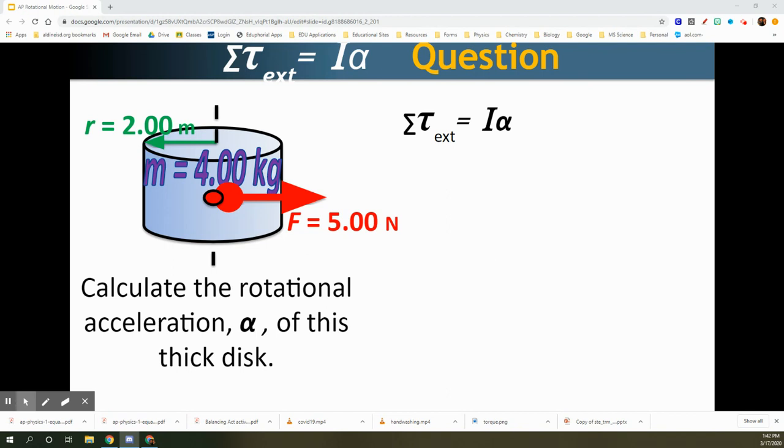Yeah, 1.25 is right, but I need the units. Gabriel, we're not solving for tension, we're solving for angular acceleration, or rotational acceleration. You're not slow. Good job, Victoria, that's correct.